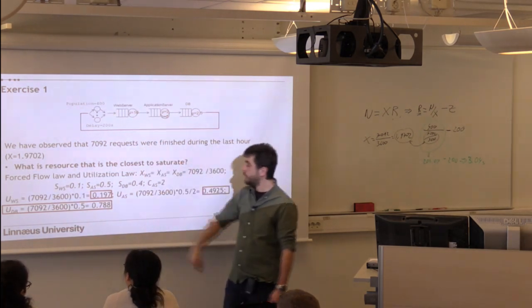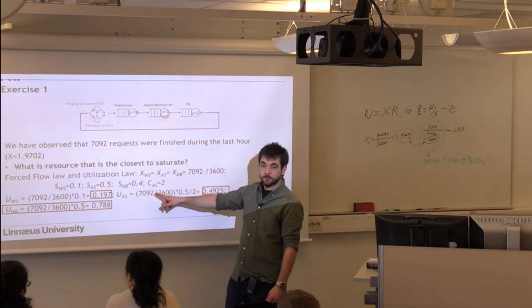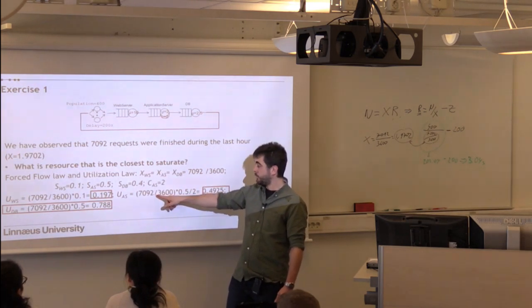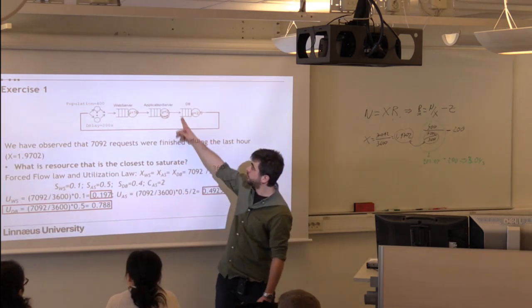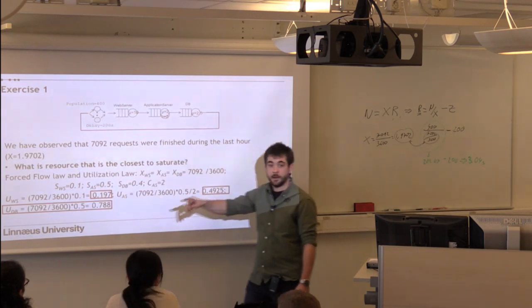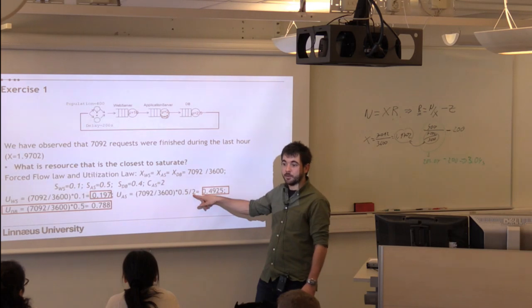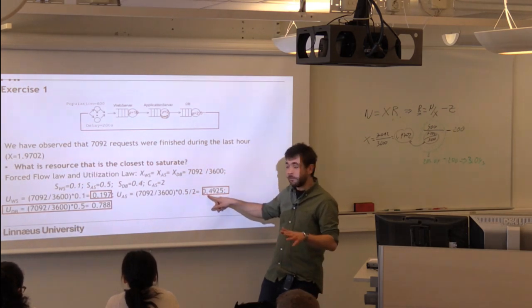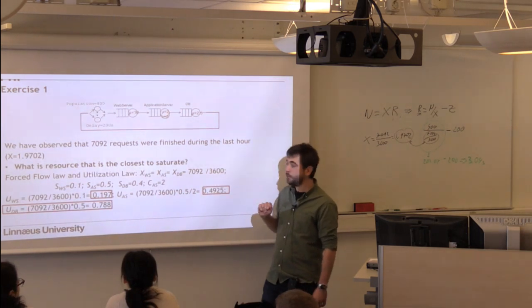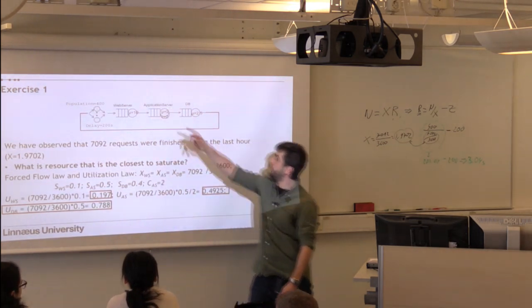The application server, multiply the throughput times the service time, and here we divide by the number of resources, as we saw in the first law. And this is around 50%, 0.45, the utilization of this server.